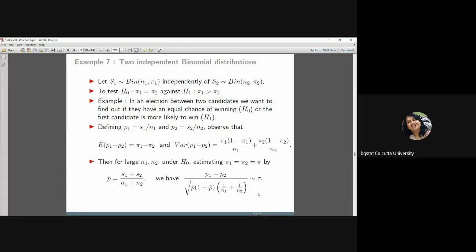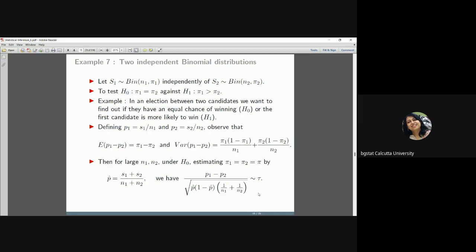So here too, if the sample sizes N1 and N2 are large, we can use the central limit theorem and reduce the problem to a normal testing problem. In this case, here is the statistic which follows the standard normal distribution.